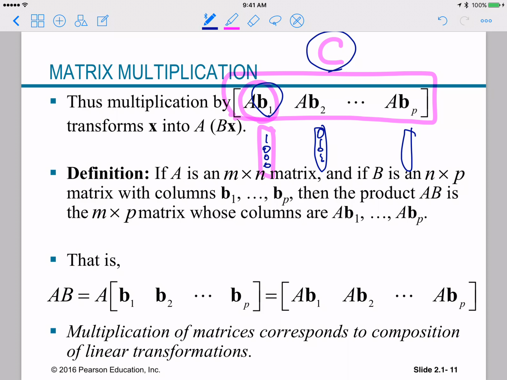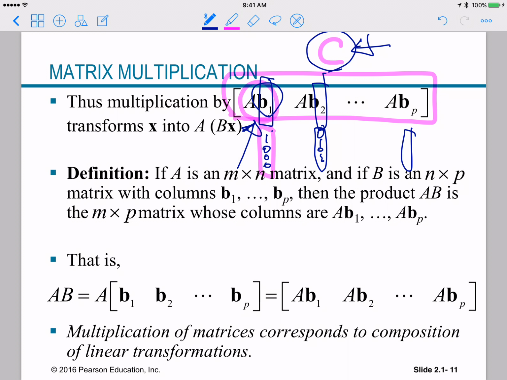But now, since we are dealing with a two-step matrix transformation, instead of using unit standard vectors, we are using B1 and B2, and the output of each of these functions will form the columns of the matrix C.